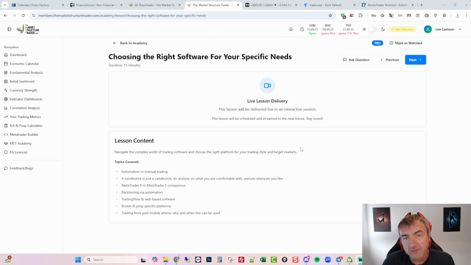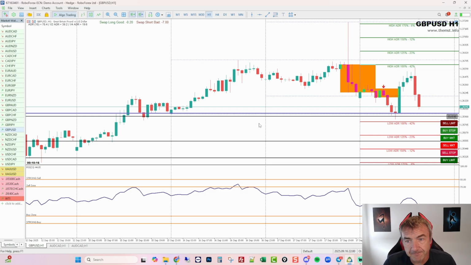So, looking at the candlestick is a candlestick side of things, I just wanted to prove the point by going to multiple different software packages with multiple different brokers and looking at the same chart. I'm going to start off here in MetaTrader 5. This is trading Robo Forex. You can see we've got the pound US dollar here with this whacking great spike yesterday. It then traded down, pushed up, traded down, pushed up, and it's trading down again.